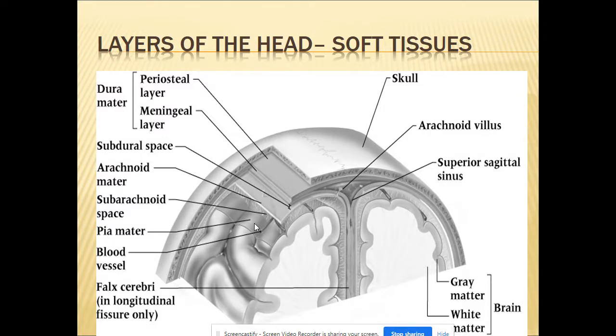The thinnest little layer of tissue directly touching the brain is called the pia mater, and that's the deepest of the cranial meninges, and you can see that it's literally touching the brain. So this is called the cranial meninges. You have three cranial meninges: the dura mater, the arachnoid mater, and the pia mater, and there are spaces in between.